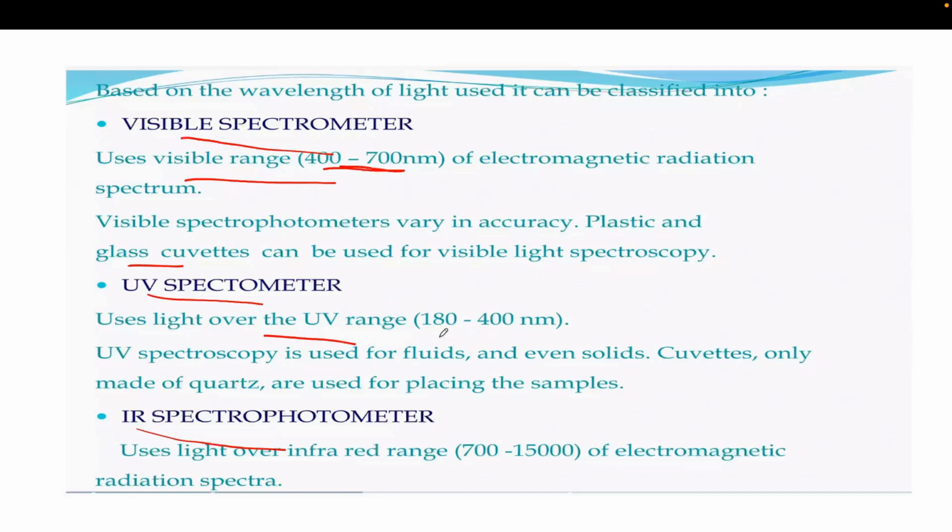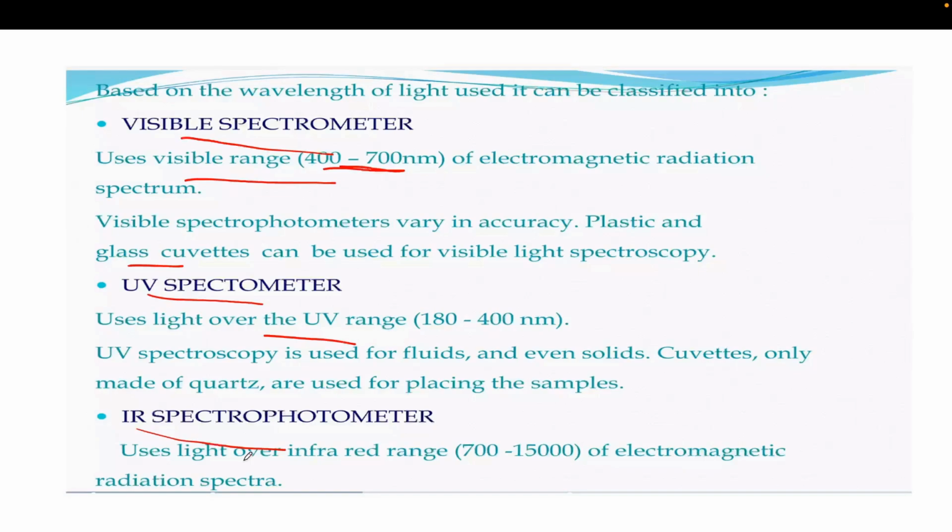So the UV spectrophotometer generally uses UV range light, 180 to 400 nanometer. Unlike the visible spectrophotometer, where plastic and glass cuvettes can be used, here only the quartz cuvette can be used. Here the quartz cuvette is required for UV light determination. And the third one is the IR spectrophotometer.